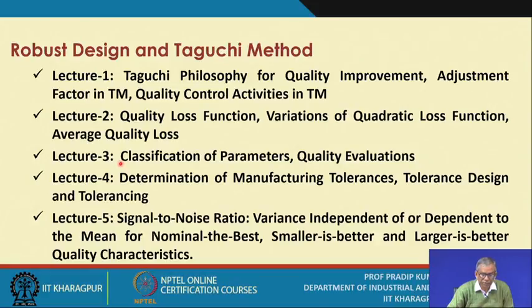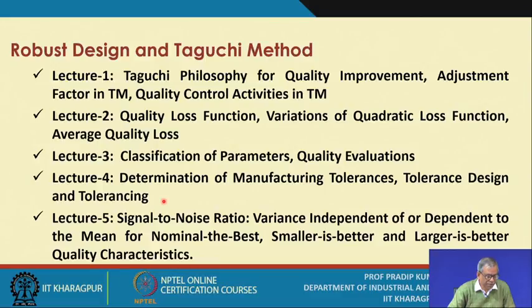During lecture 3, we will be referring to the classification of different kinds of parameters that we come across, and we will be discussing the topic called quality evaluations with a number of numerical examples. In lecture 4, we will discuss the determination of manufacturing tolerances, tolerance design and tolerancing, one of the key aspects in Taguchi method.